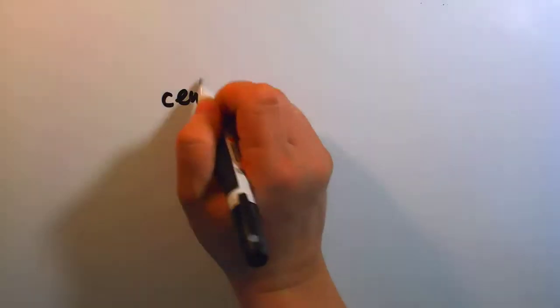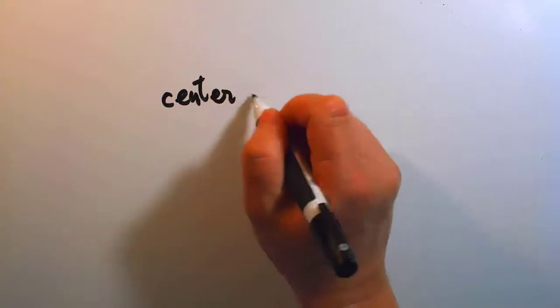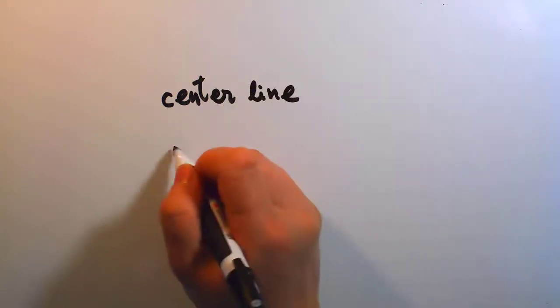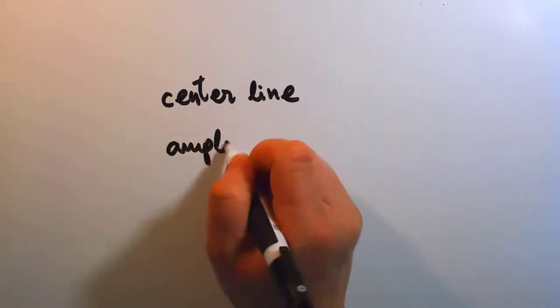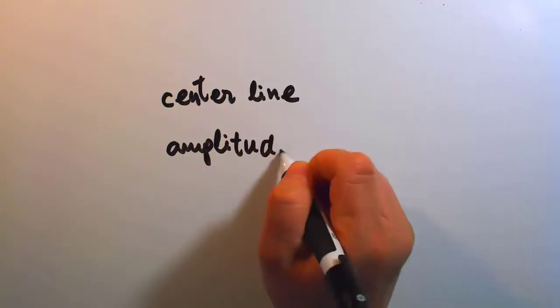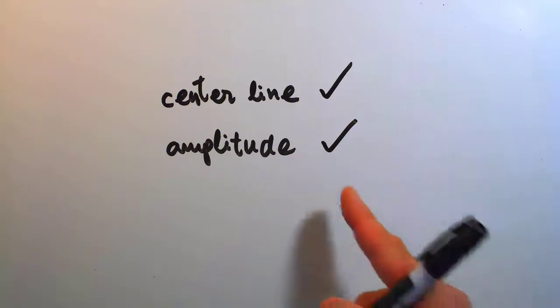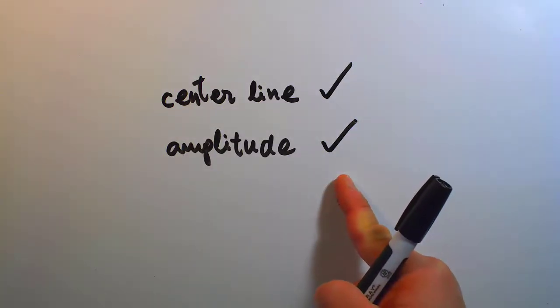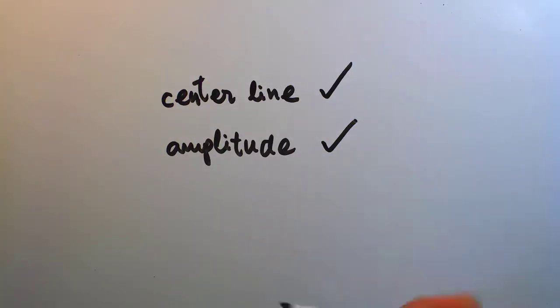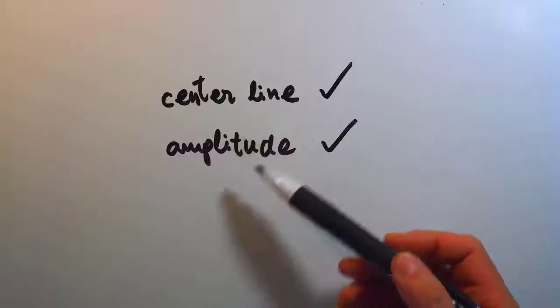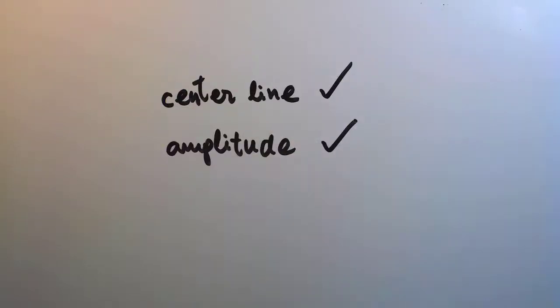So the steps are finding the centerline and finding the amplitude. These two steps can always be done first and completely independently of the function being sine or cosine, because sine or cosine will have the same amplitude and the same centerline.